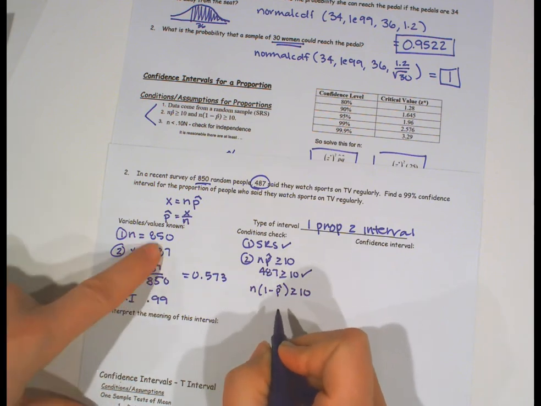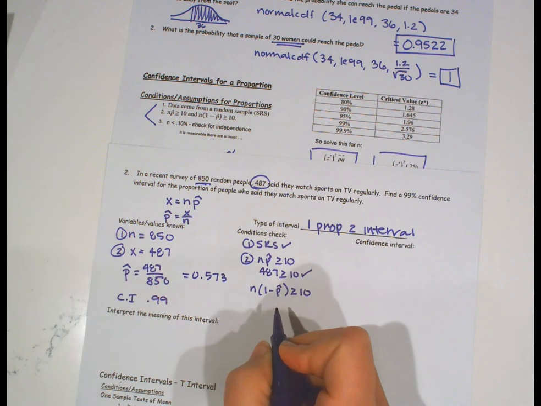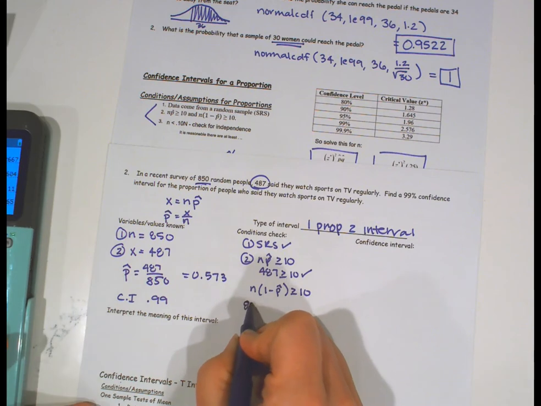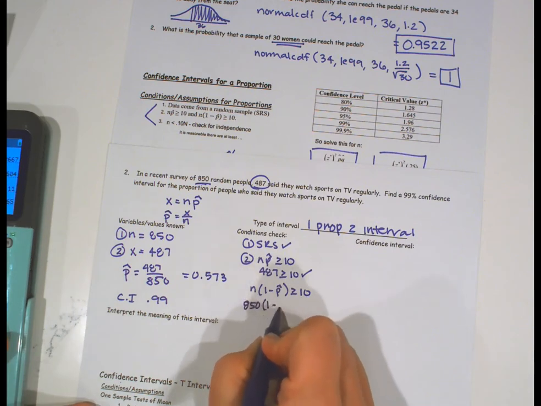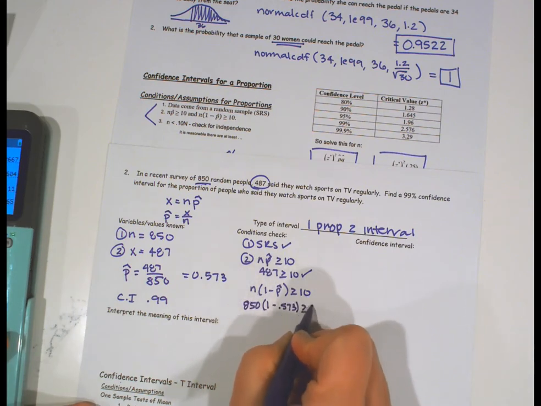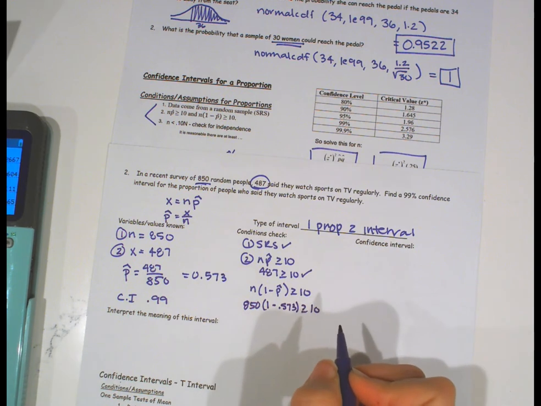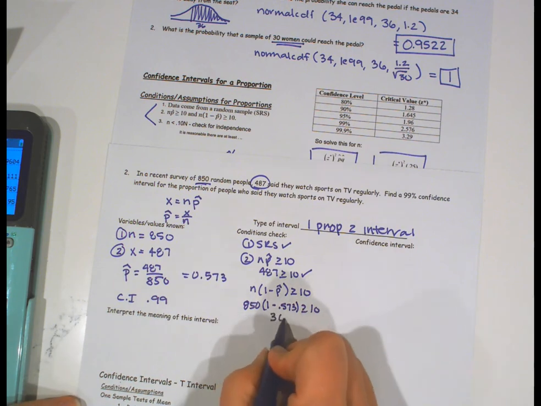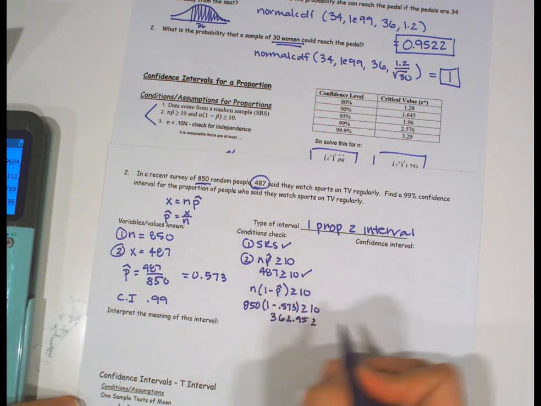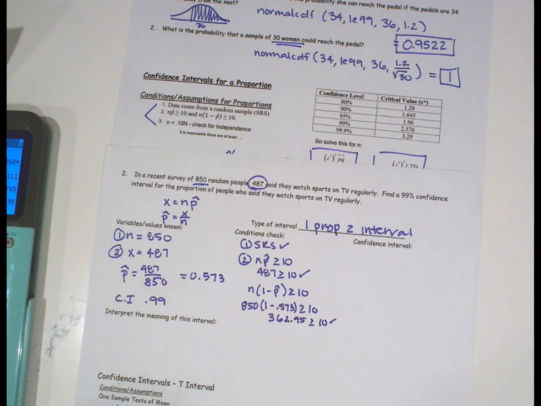You also know out of the total 850, if 487 of them are part of your proportion, the other piece is not. But if I plug in 850 times 1 minus 0.573, I get about 362.95 or 363, which is well over 10, so we know that that is fine.